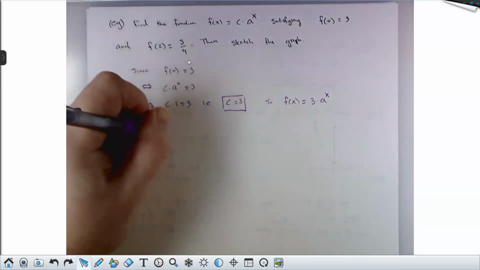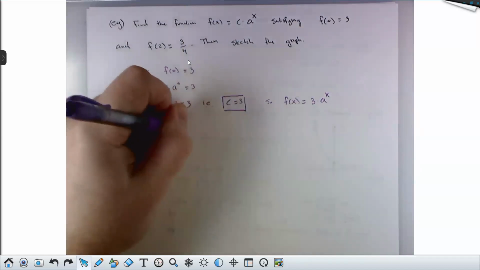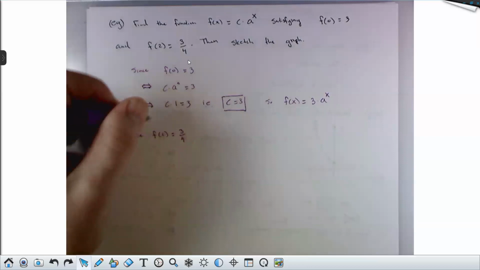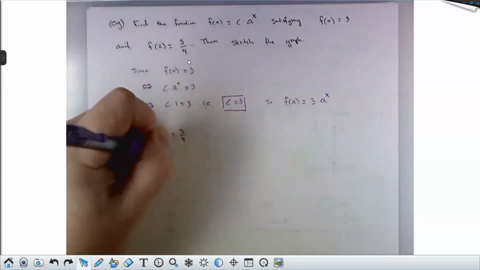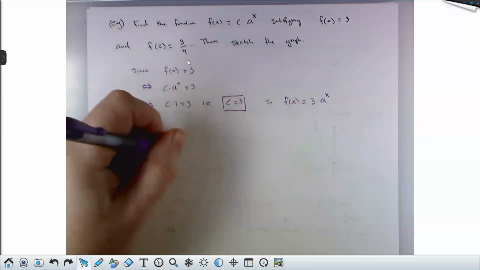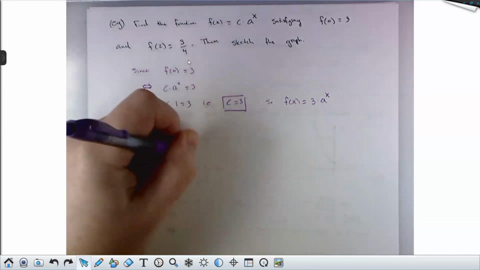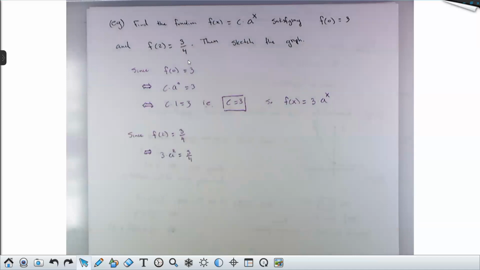Since f of 2 is 3/4, 3 times a squared is 3/4. And again, I want to solve for a.